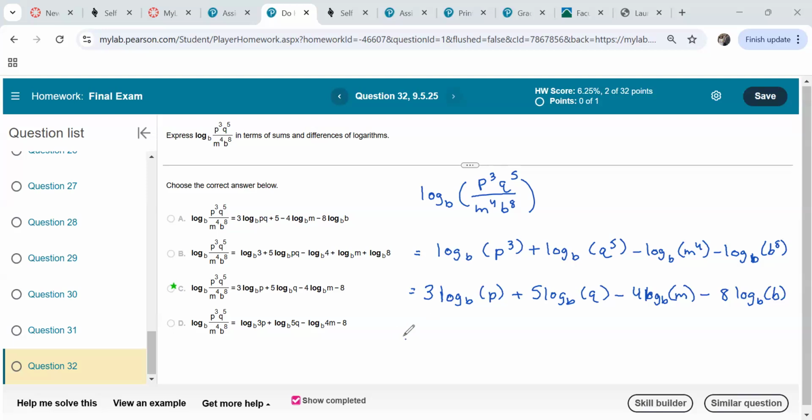And there's one other part here, because remember, if we have log base b of b, we had initially said that is always going to be equal to 1. So this is just 3 log base b of p plus 5 log base b of q minus 4 log base b of m minus 8.